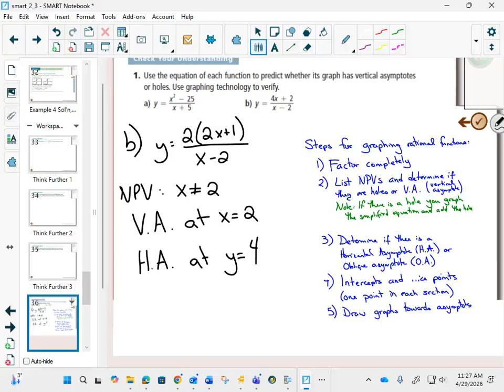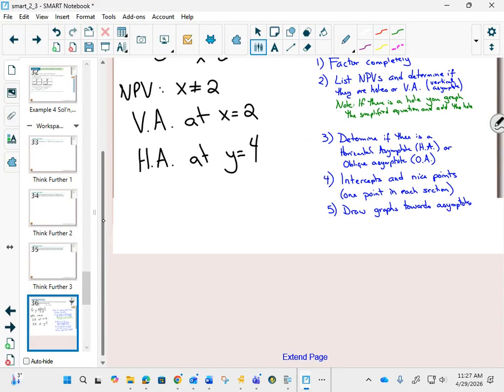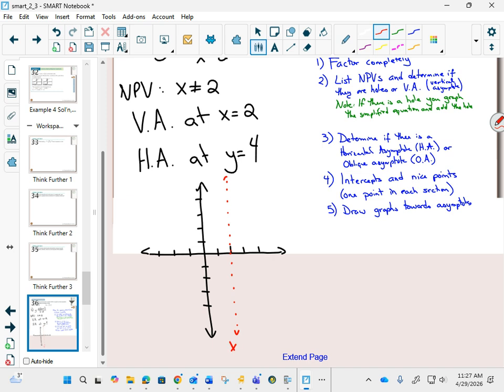Step 4 says intercepts and nice points. So what we're going to do now is start graphing. And when we go to start graphing, we know our asymptotes. So we're going to start by labeling our asymptotes. We know there's an asymptote at x equals 2, and we label that.